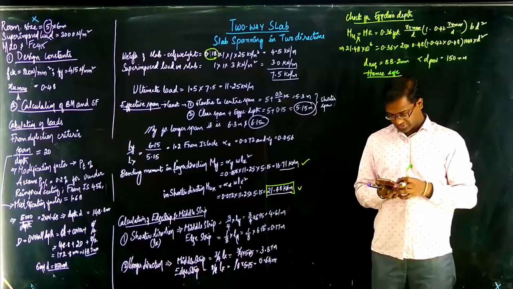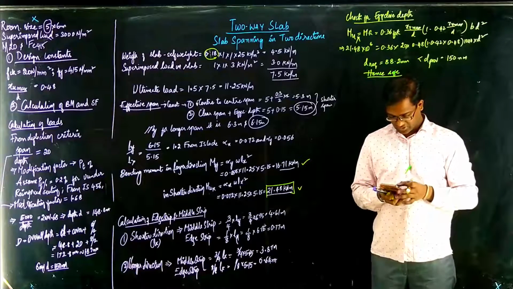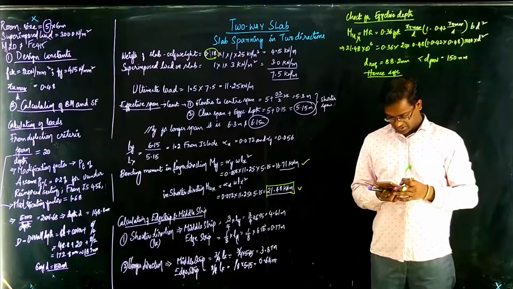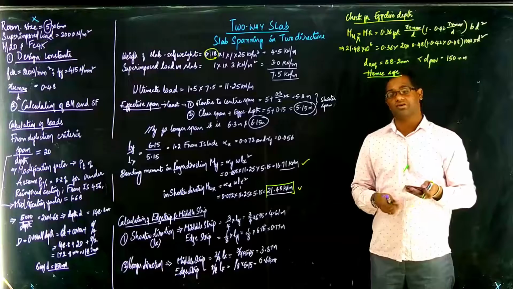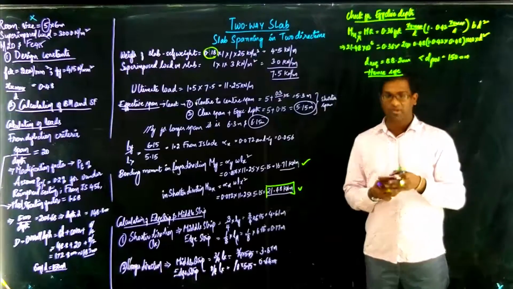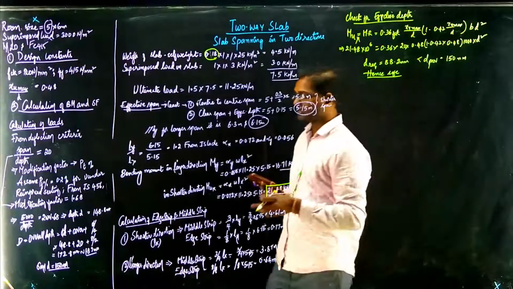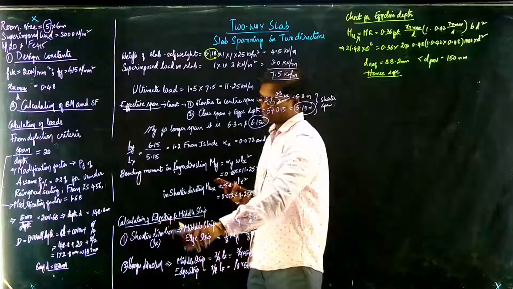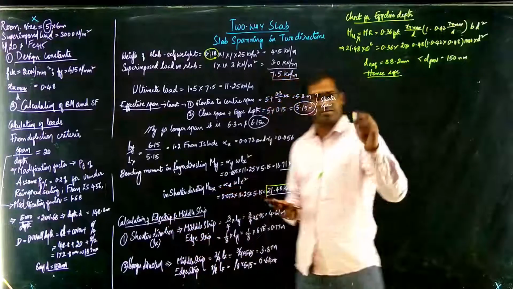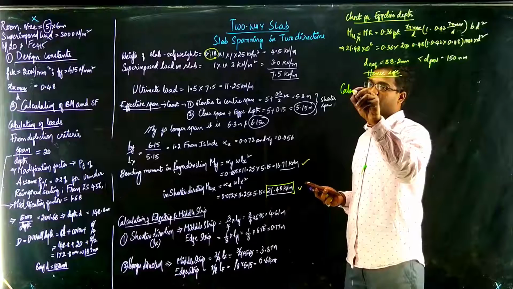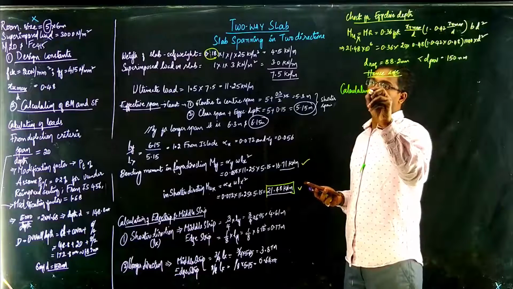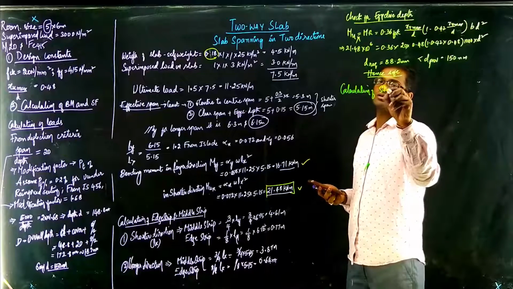Now steel reinforcement is not that much difficult, although you need to take the required bending moments at required spans. For example, likewise you calculated here the calculation of moment for shorter and longer direction. In the similar way, calculation of steel is also done for shorter and longer direction.